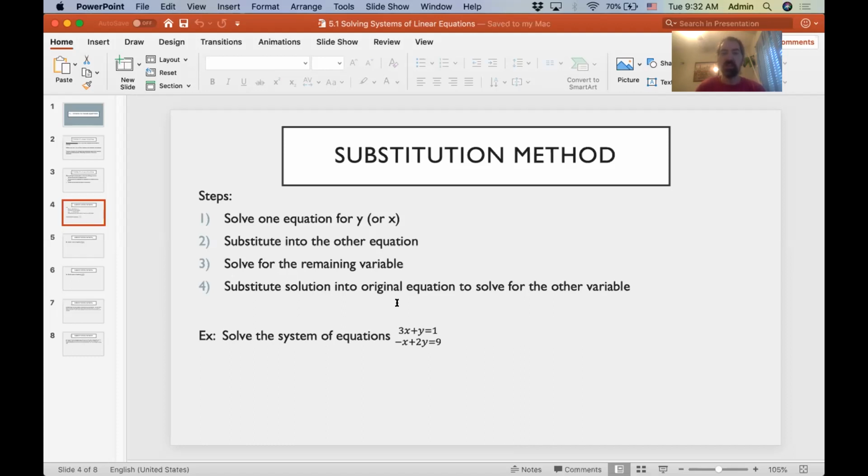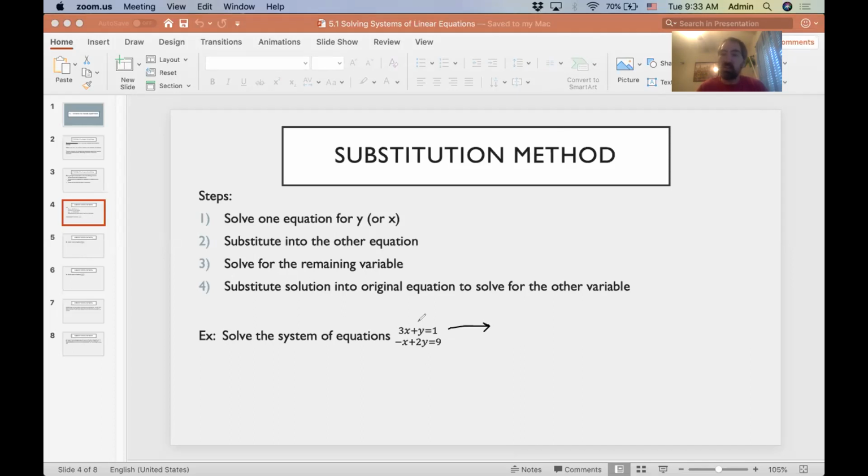All right, let's use these steps for solving the system of equations 3x plus y equals 1, and negative x plus 2y equals 9. Now, I said it doesn't matter which equation we solve for, or whether we solve for x or y, but I'm going to use the first equation and solve for y, because the coefficient of this y is 1.